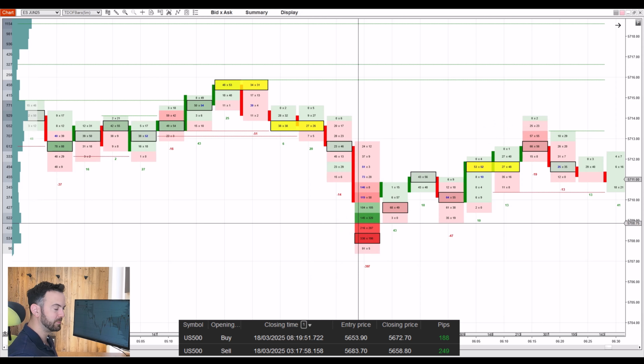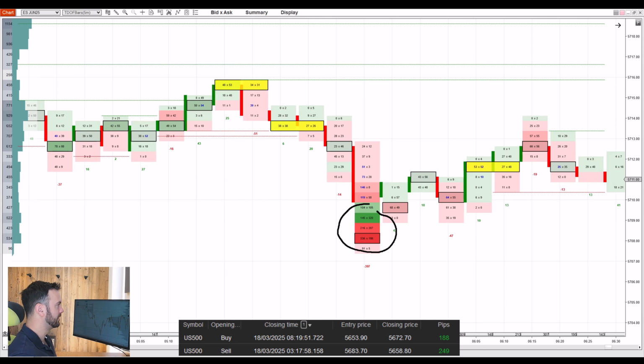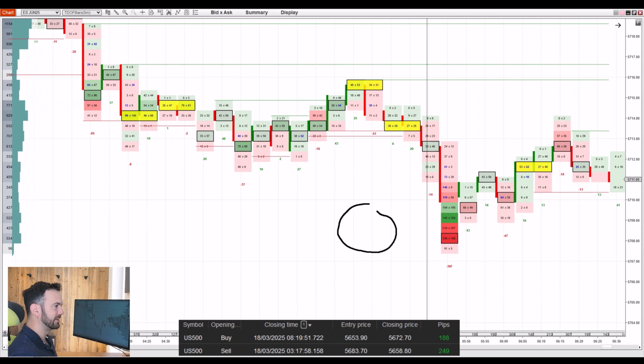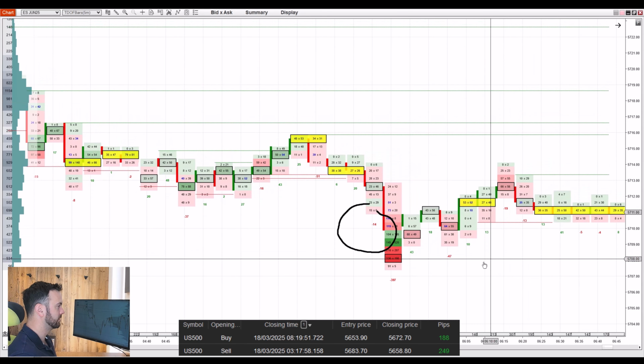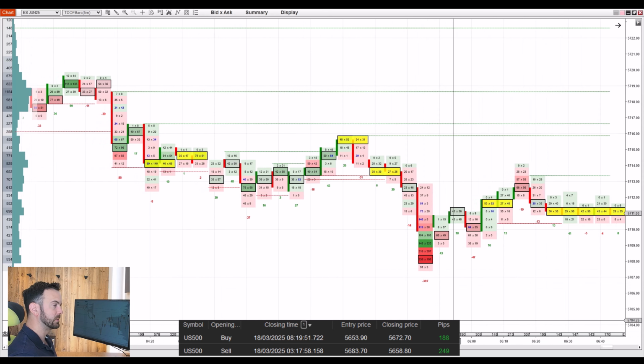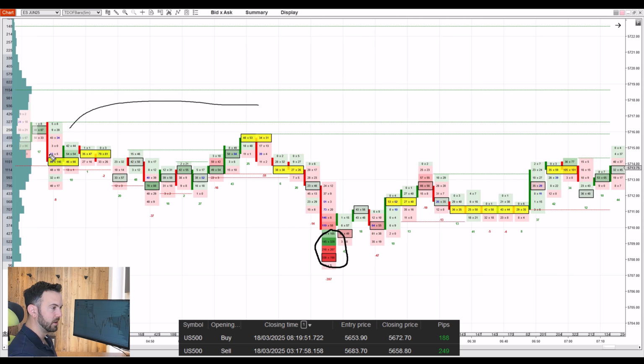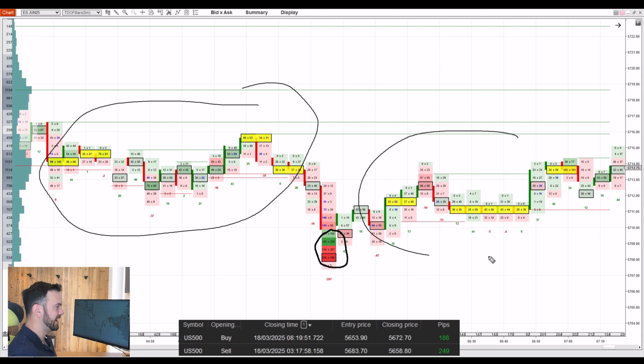So I think this is a beautiful example of the absorption setup because the heavy volumes really stand out here. If you look at the other volumes in this session, in the Asian session, where this trade played out, then you can see that this is really a place that absolutely stands out, like volume wise, because you don't really see that heavy volumes really nowhere, right?